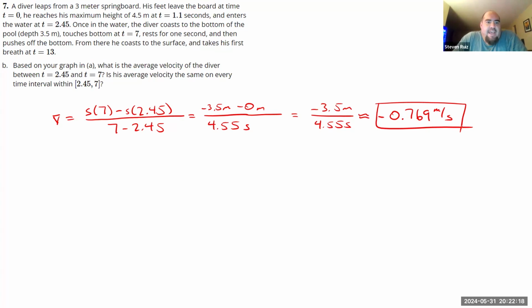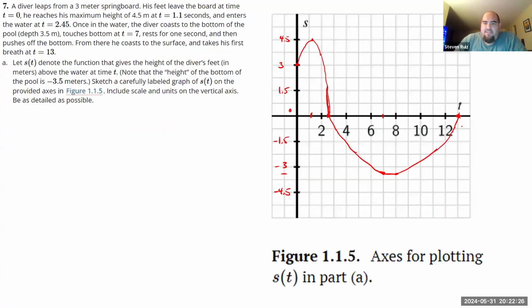They're also asking, is his average velocity the same on every time interval? So let's go back and look at the graph. Let's bracket the things we're looking at. We're looking from time equals 2.45 to time equals 7 seconds. Is the average velocity the same everywhere in there? Based on the graph that we drew, I do not think we can say that because let's say I drew a really tiny interval around 2.45 and 3.5 seconds.